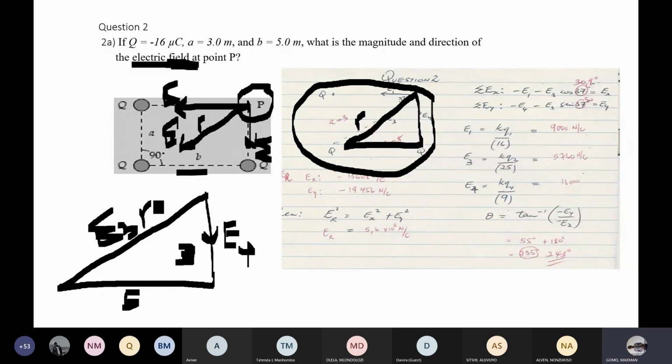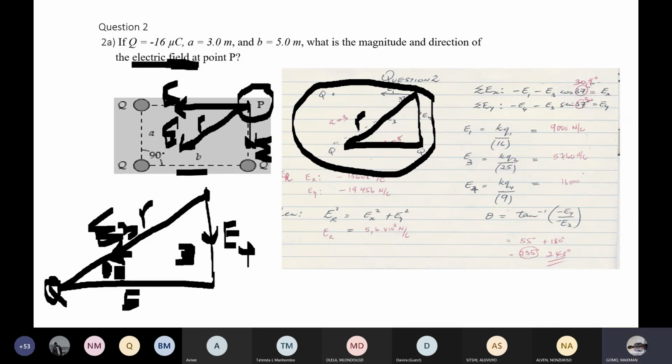After getting the value of R, don't confuse the value of R with the electric field E3. You need to find R, the distance between the point charge and Q at this corner. That's going to be your R. When you get your R, you also need to know this angle that we are going to call theta, like this.